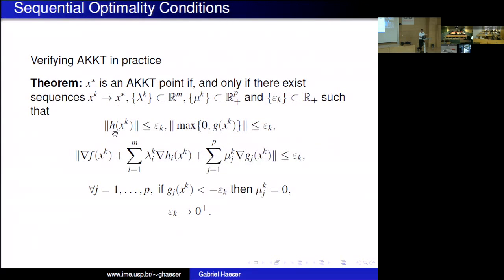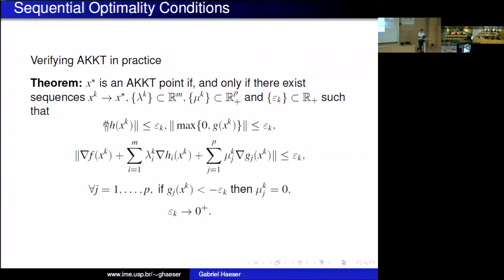What I have here is that at xk, the norm of h of xk is smaller than epsilon k, and this measure of feasibility of g of xk is smaller than this epsilon k. Since epsilon k is going to 0, this is equivalent to saying that x star is feasible. So you can replace this condition by this, and this you can check in practice.